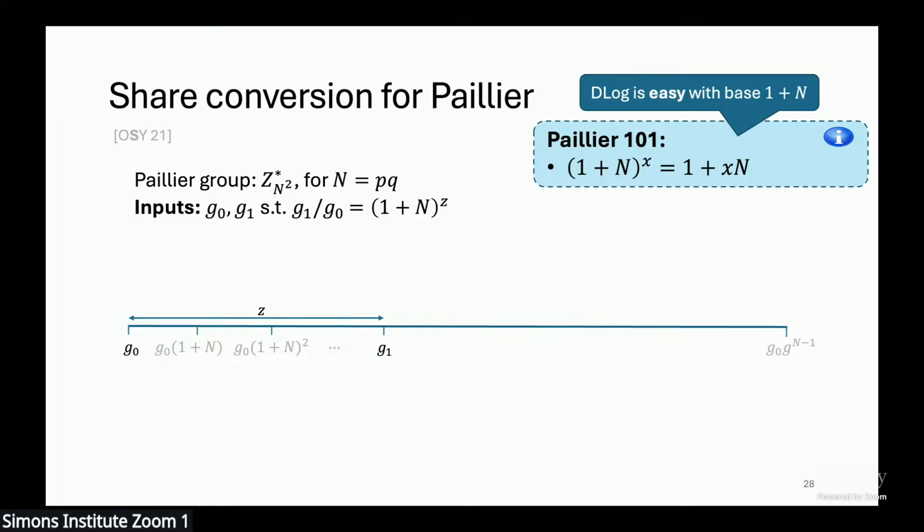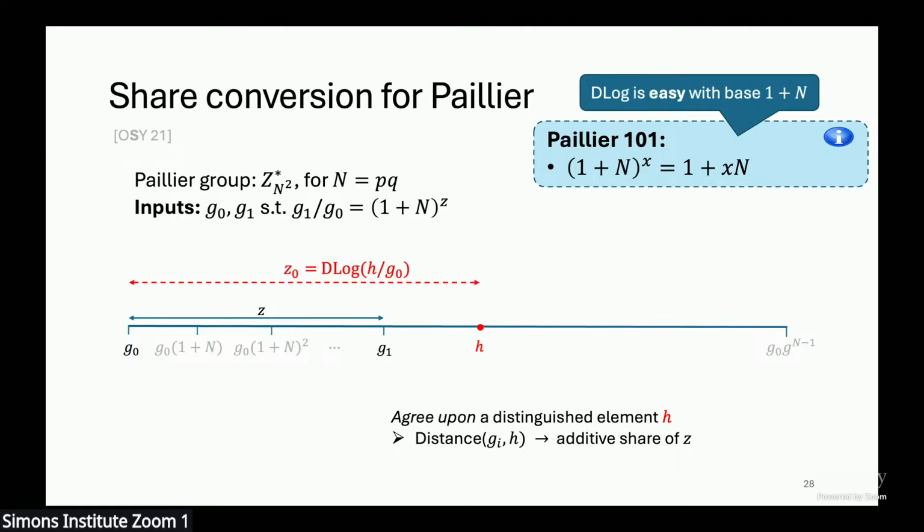Okay, so let's look at the same picture as before, but now mapped into the Paillier group, where we have G0 and we increment by powers of 1 plus n, so we get to G1. And okay, as a starting point, let's say we have a single distinguished point H, just as before.